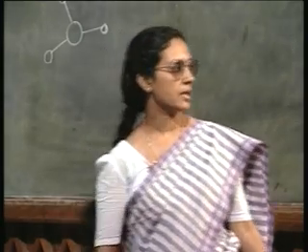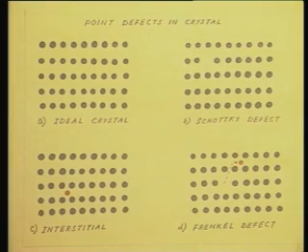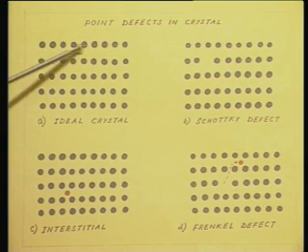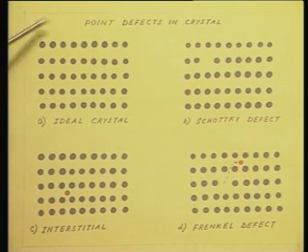What are these isolated defects? Here I have a 2-dimensional representation of an ideal crystal lattice, with only 2 axes. You can see it is a regular arrangement of atoms. This is my ideal crystal.